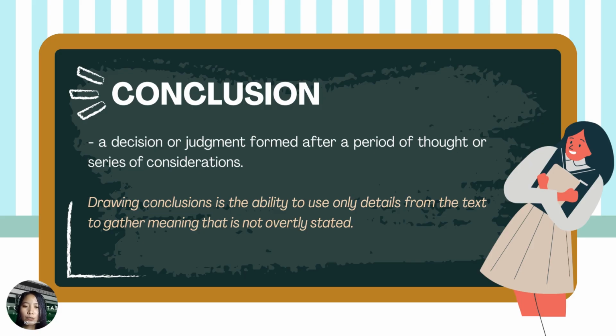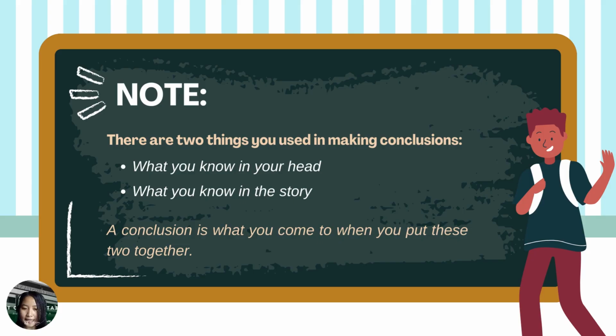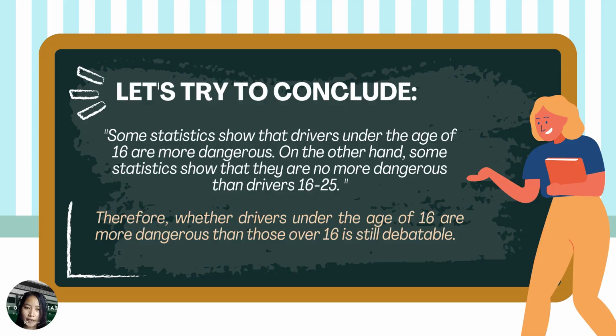So drawing conclusions is the ability to use only details from the text to gather meaning that is not overtly stated. There are two things that you need to keep in mind in making conclusions. First is what you know in your head, or your prior knowledge, and what you know in the story or the information provided. A conclusion is what you come to when you put these two together.